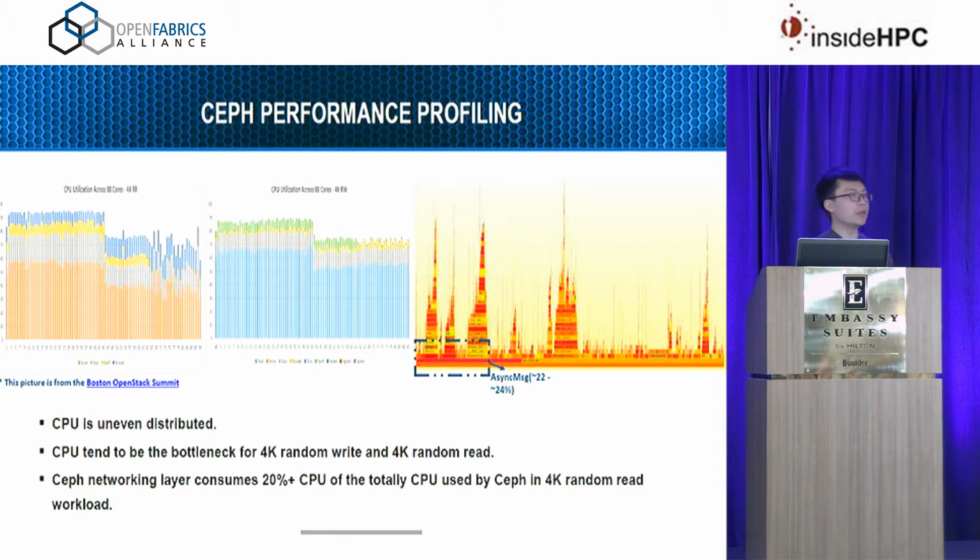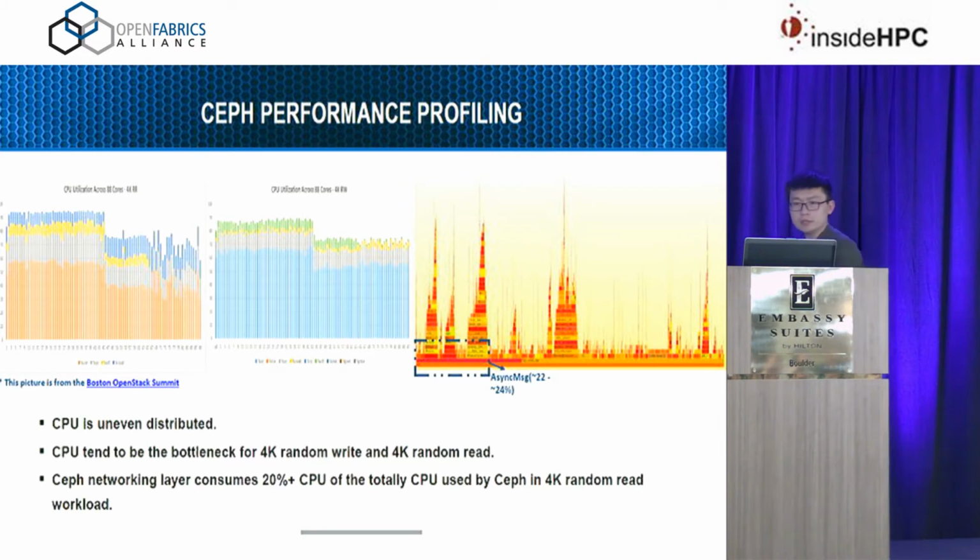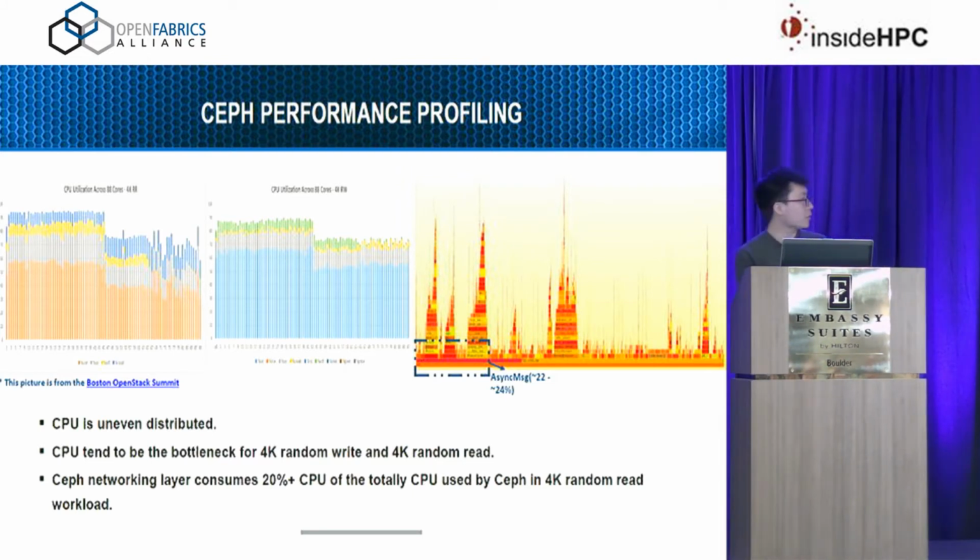We use perf and get the flame graph. As you can see from the right picture, we saw the async messenger consumes about 22 to 24% of all the CPU used by Ceph. Async messenger is the default networking library in Ceph. We also benchmarked the 4K read-write workload.